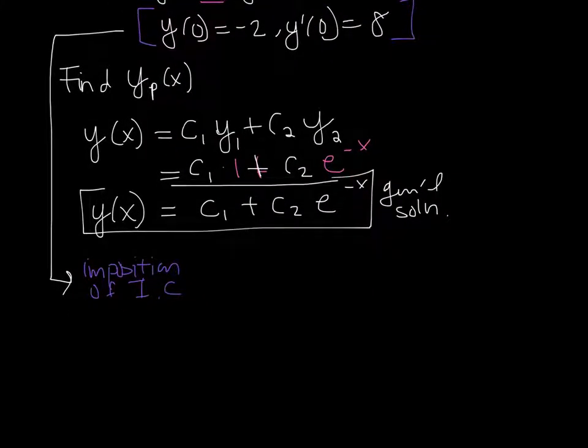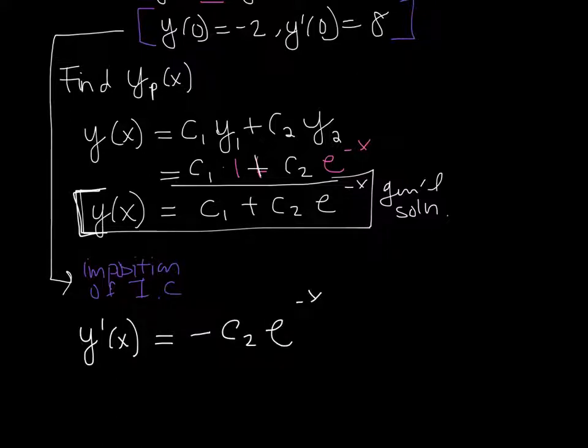Okay, so let's start differentiating y prime of x. My y of x is right here. The derivative of a constant is 0, so that's gone. And then this term's derivative is going to be negative C2 e to the negative x.